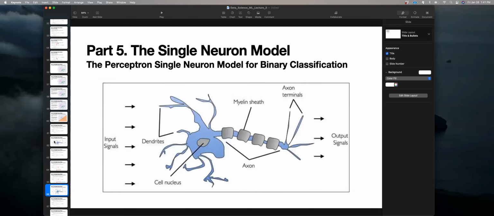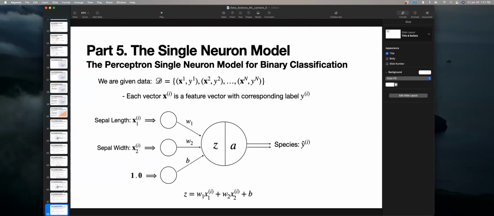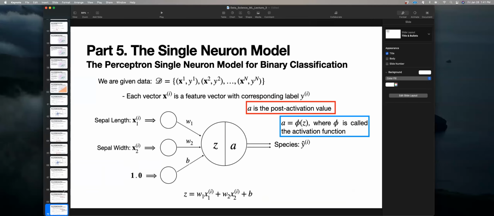So that's the nucleus part, the feeding in. Now we have to take care of the processing of the signal, which gives us A. And A is called the post-activation value. The post-activation value is found by passing the input signal into a function, phi, and this function is called the activation function of the neuron.